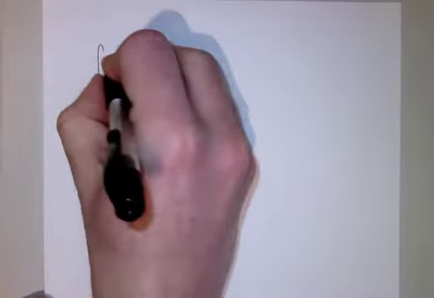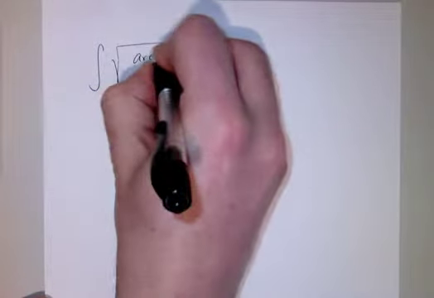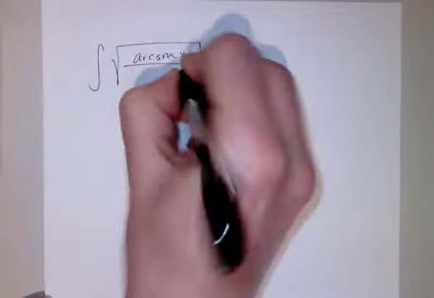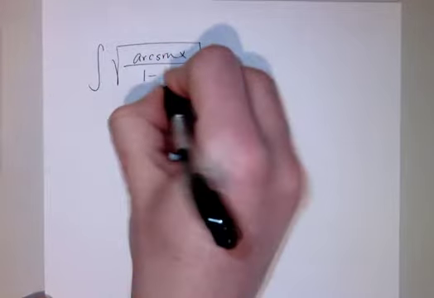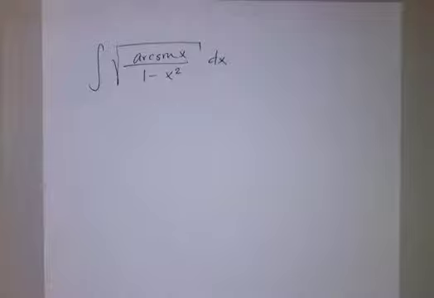Okay. Let's look at a variation on one that we've done before. So we have the square root of arc sine x over 1 minus x squared dx. Well, it's a little more difficult.